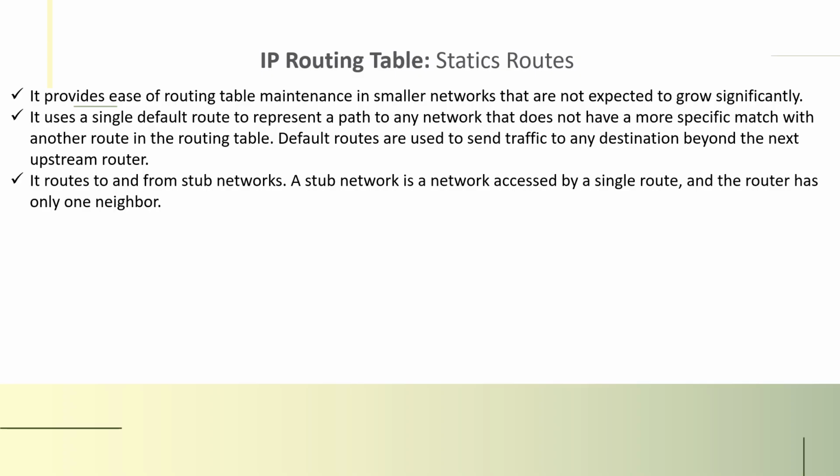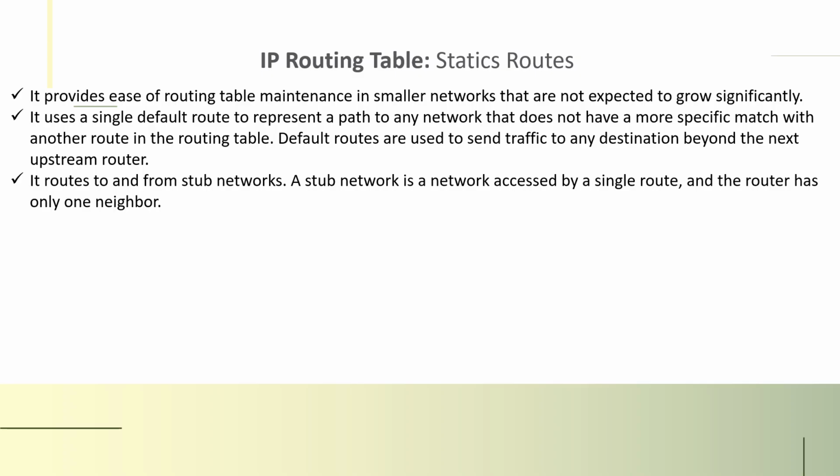There are three primary uses for static routes, as you can see listed in this slide. They provide ease of routing table maintenance in smaller networks that are not expected to grow significantly.